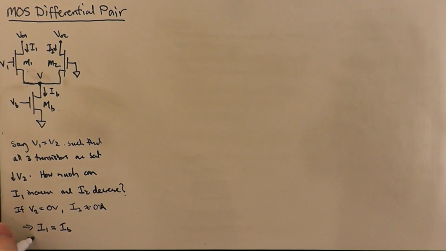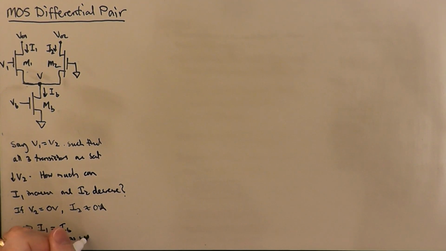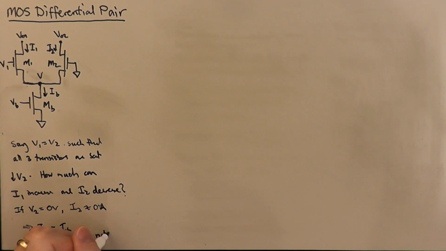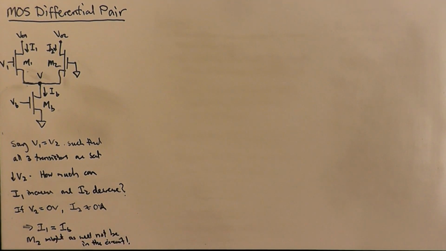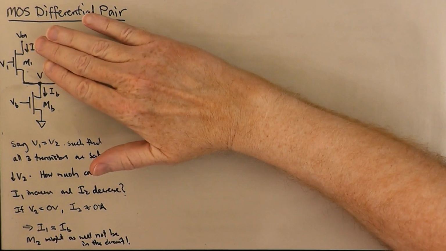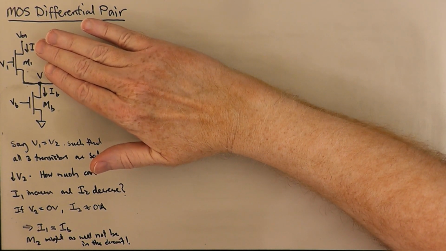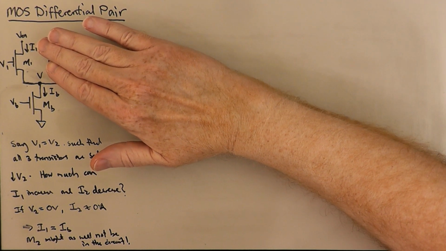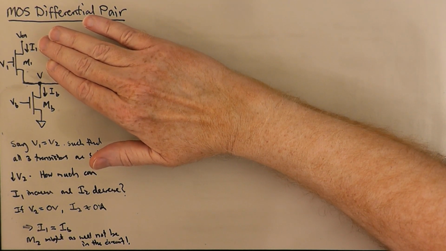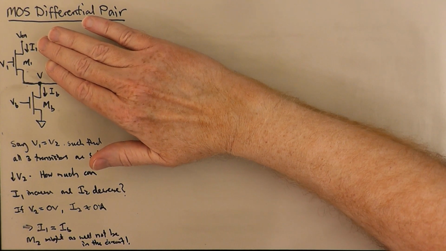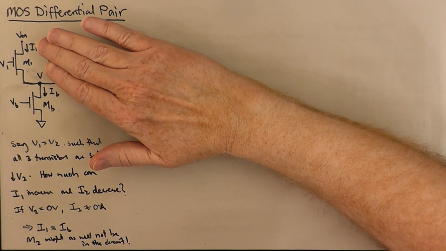M2 might as well not be in the circuit. And if M2 is not in the circuit, what we have here is a source follower. Now we didn't take the current flowing through the source follower transistor as the output. We took the common source, or what we're now calling the common source node, as the output.